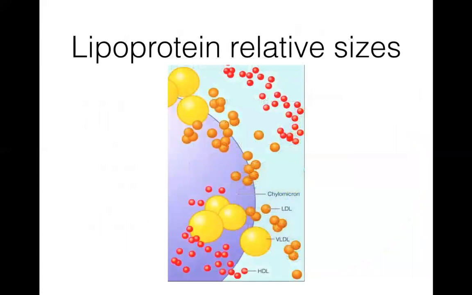Let's take a look at the relative sizes of the lipoproteins. As illustrated here in violet is a chylomicron, which is the largest of all the lipoproteins. Next in terms of size is VLDL, followed by LDL, and the smallest is HDL. And why is this so? Why is chylomicron the largest?